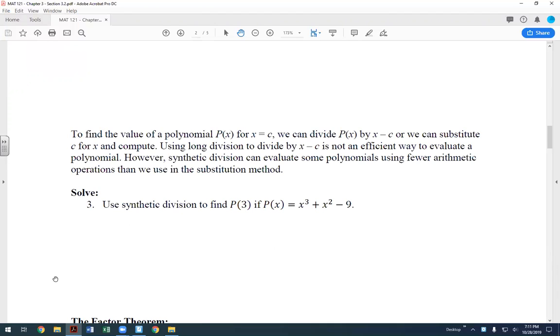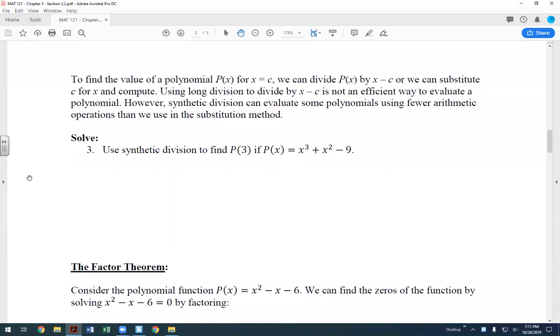They're saying using long division is not an efficient way, mainly because signs can get intermingled, and obviously it takes a little bit longer to solve a long division because you have to keep going till you get your remainder. But synthetic division, of course, fastens up that process, and you really don't have to worry about messing up your signs quite as much as we end up doing with the ordinary division.